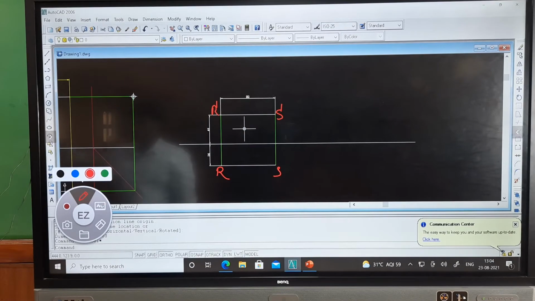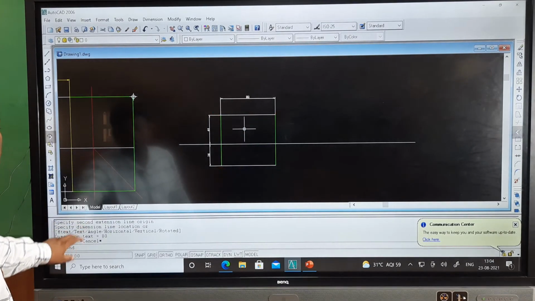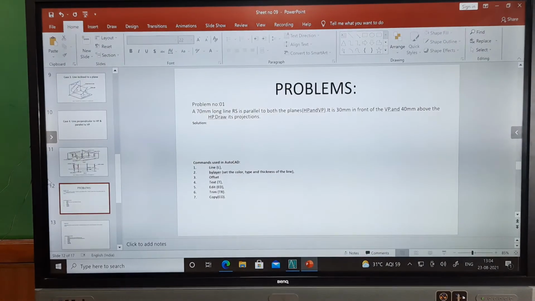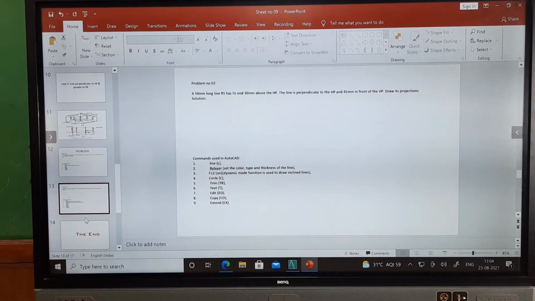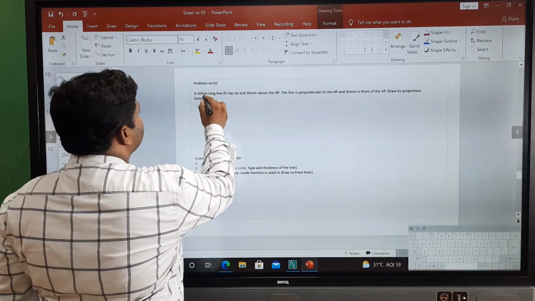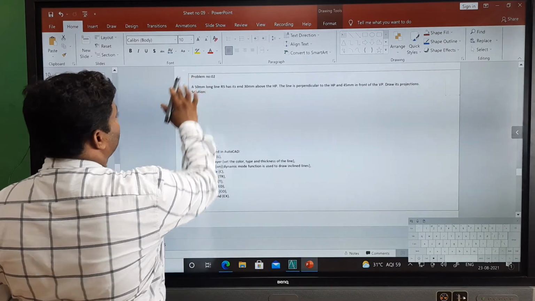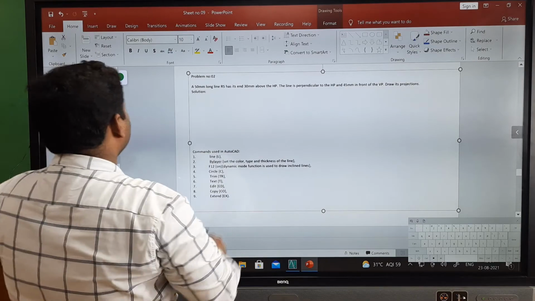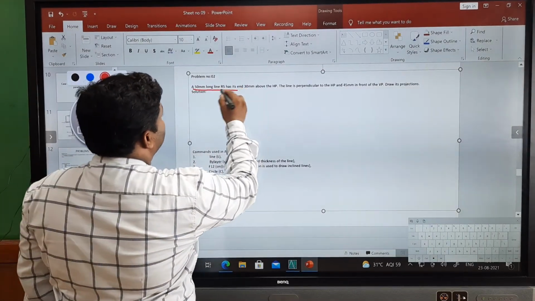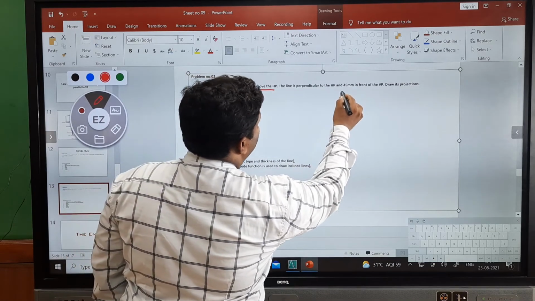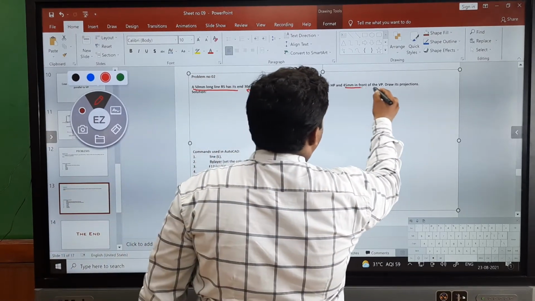So, now the next problem. We are going to see the next problem. In this, a 50 mm long line RS is there, whose end is 30 mm above the HP and the line is perpendicular to HP and 45 mm in front of the VP.